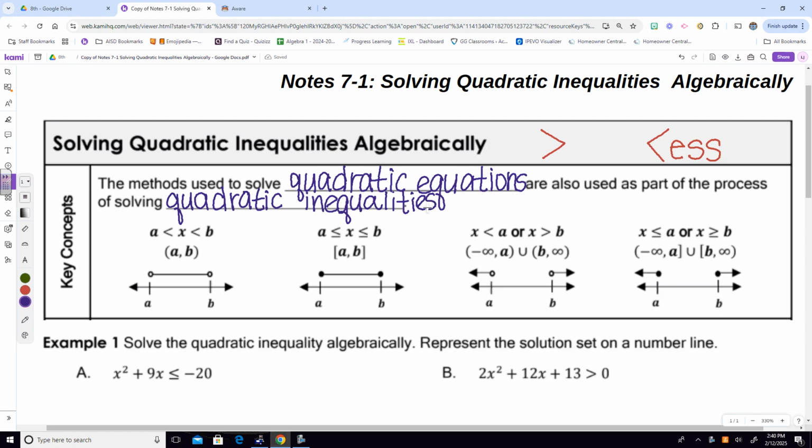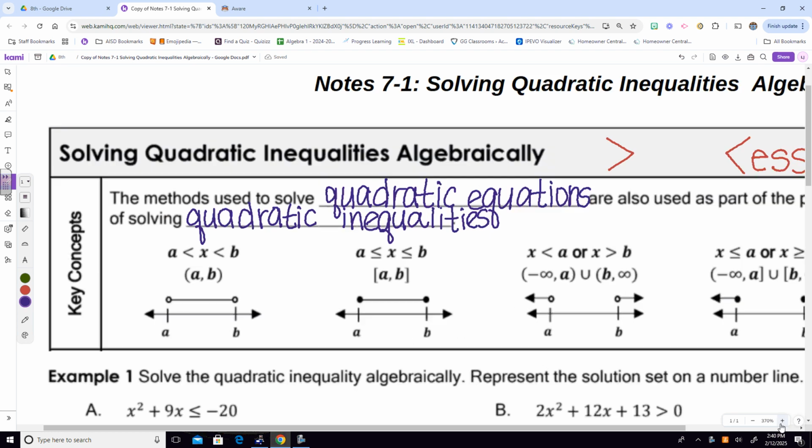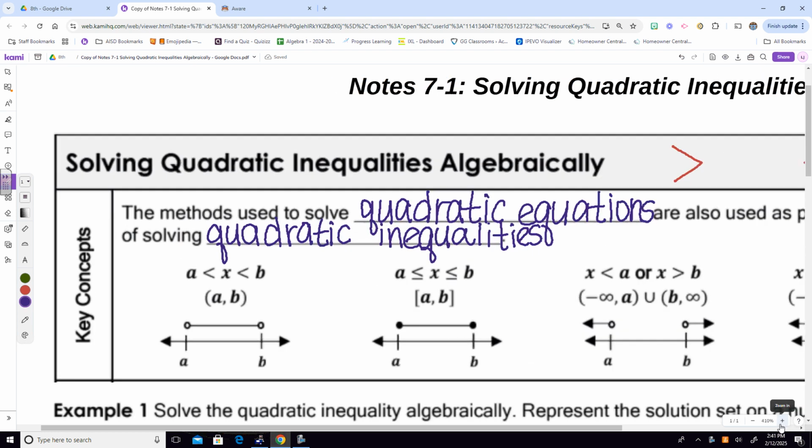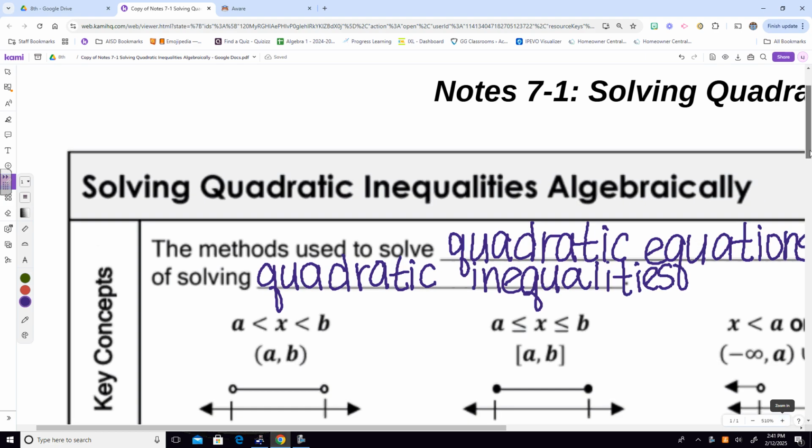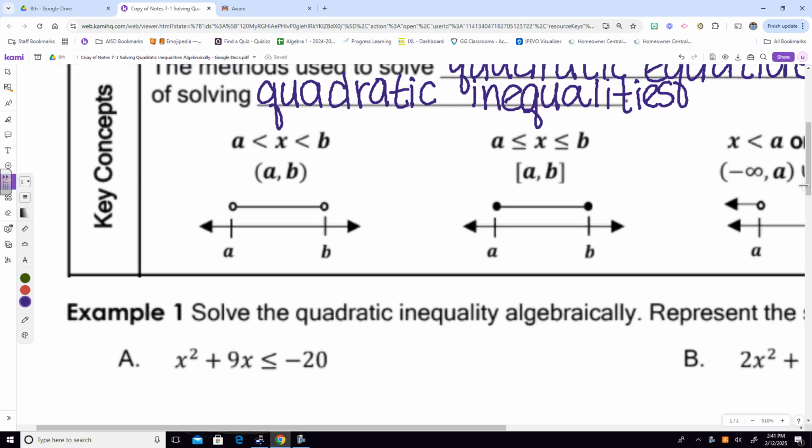Okay? Now, when you're dealing with an inequality, it is going to result in one of 2 types of inequalities. It's either going to result in something called a conjunction. You're going to have a conjunction when you have a less than symbol once the quadratic is in standard form. Okay?